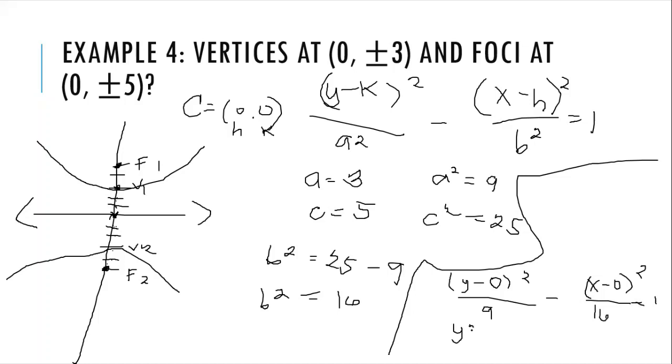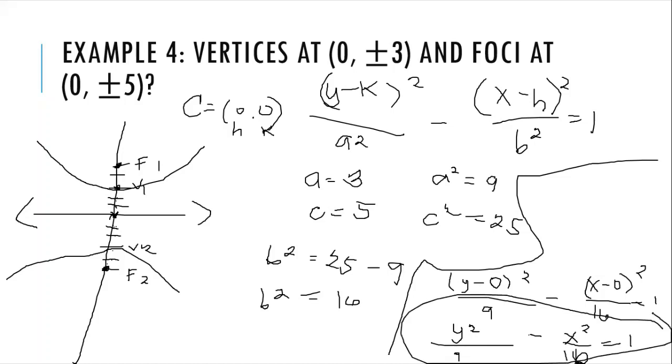So y minus 0 squared is y squared over 9 minus x squared over 16 equal to 1. So that's it. That's the answer of our example number 4, vertices at 0, positive, negative 3, and foci at 0, positive, negative 5.